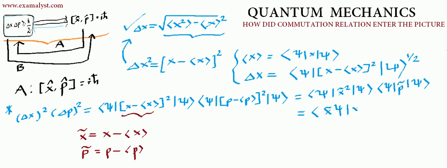Why is that? Because the x tilde on the left will anyhow move towards the right. It doesn't matter because the operators are Hermitian here. Agreed? And this can be easily written as p tilde psi and p tilde psi. Okay, this is just what we have written.